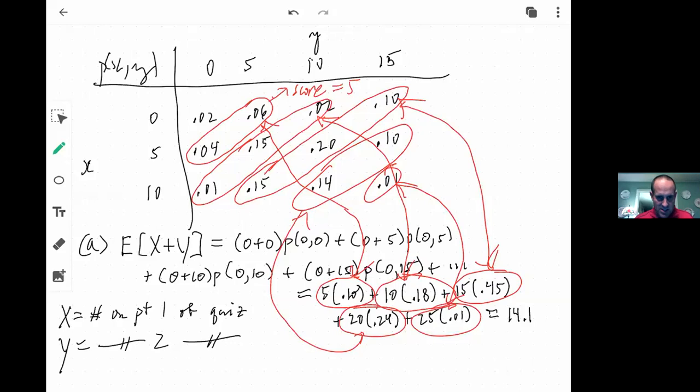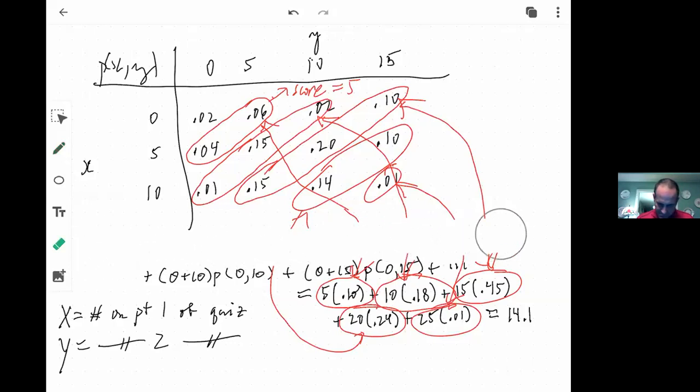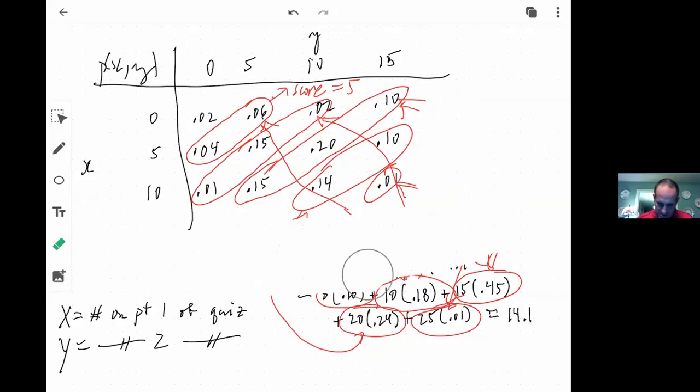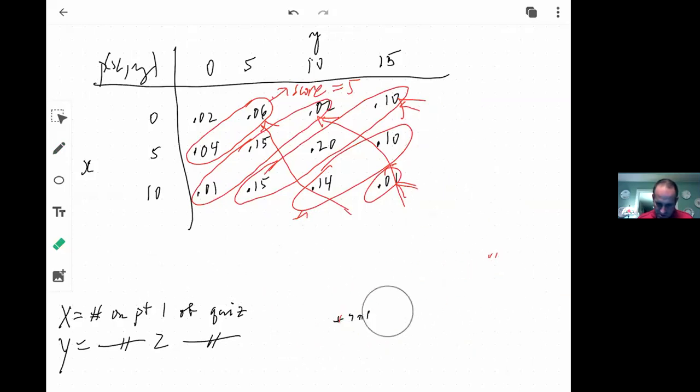What is the standard deviation of X? The standard deviation of X. So I want to erase all this nonsense that I have going on down here. Make myself a little bit of room here.